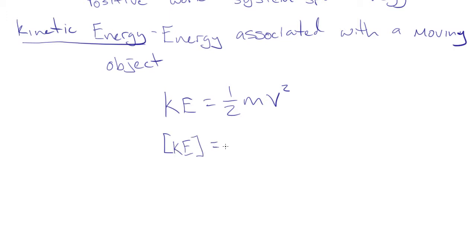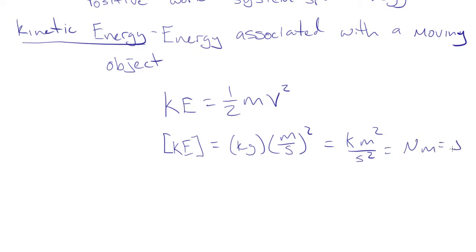It's energy, so it should be joules. The units of energy equal the units of mass times the units of velocity squared, so kilogram meter squared per second squared, which is just a Newton meter, which is just a joule. So I am consistent, I'm not cheating.